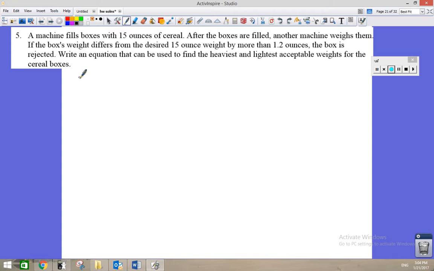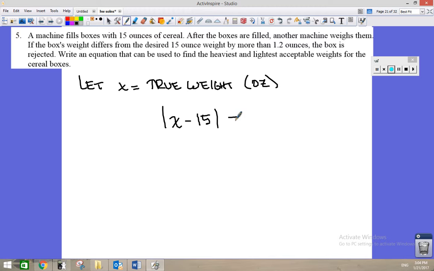So let's let X be our true weight, not the 15 ounces that's stamped on the box of the cereal. This is the true weight in ounces. Our target is 15. We want 15 to be in the middle, and if we're more than 1.2 ounces away from that middle value, we're going to reject it.